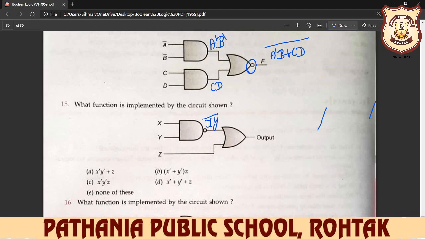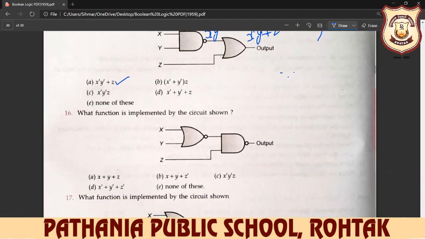Now the OR gate is here, with Z. So you write down x complement y complement plus Z. This is the output of this. So this is the right answer of this question.